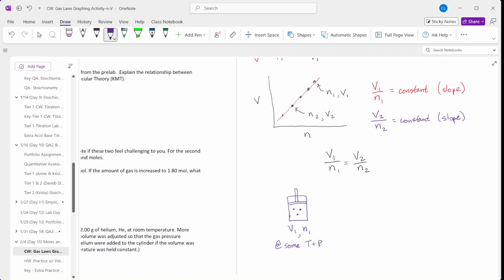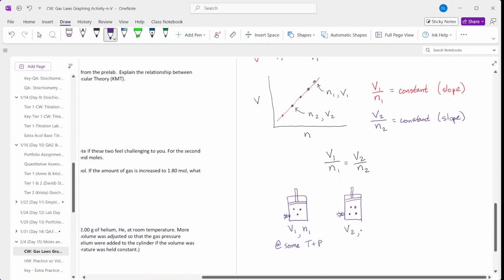Well, if I take the same system and fill it up with more particles, let's say this system has a valve here, and I can put in more particles. Let's just say I put one more in there. So this is some V2 and N2.